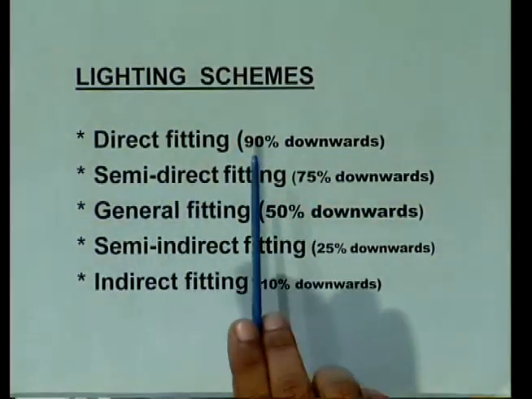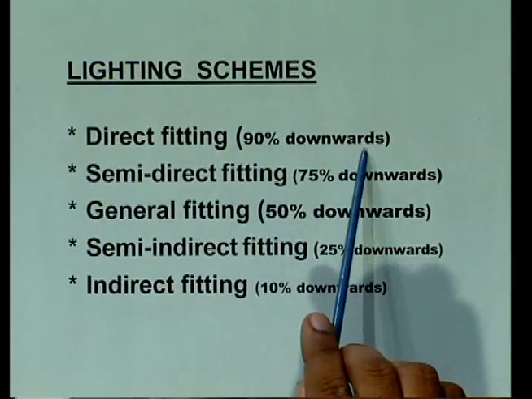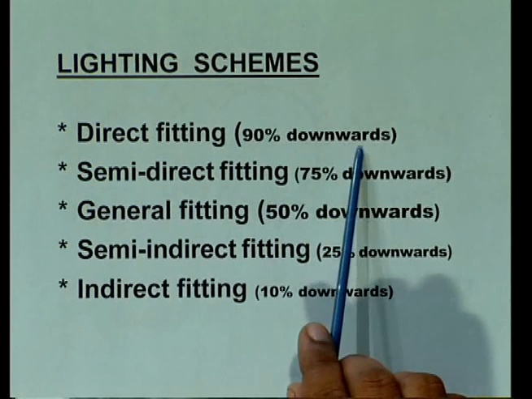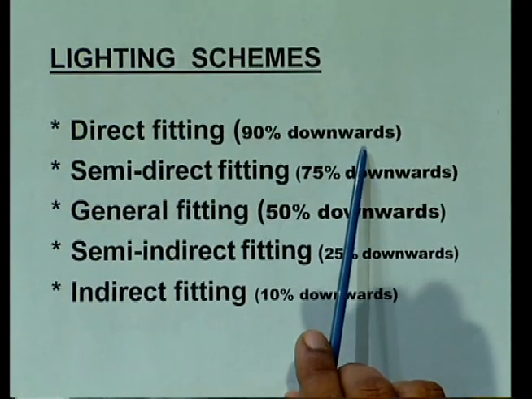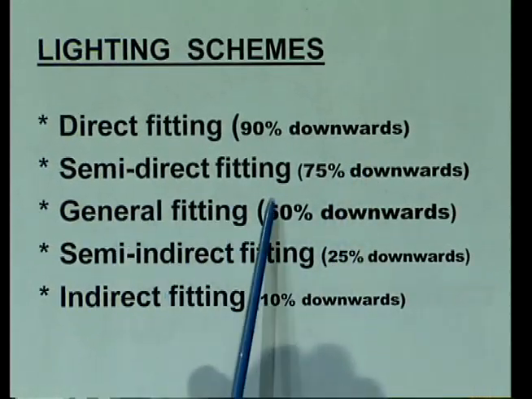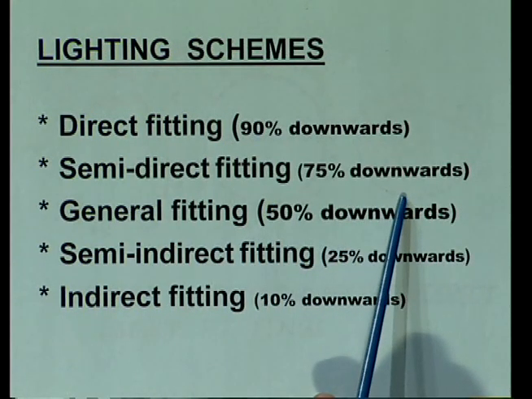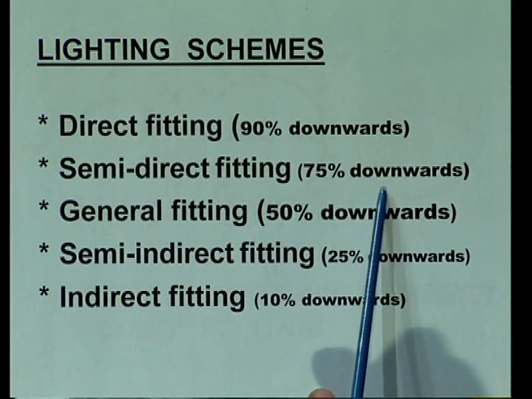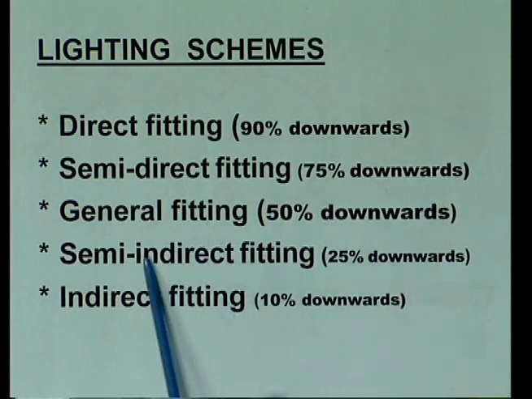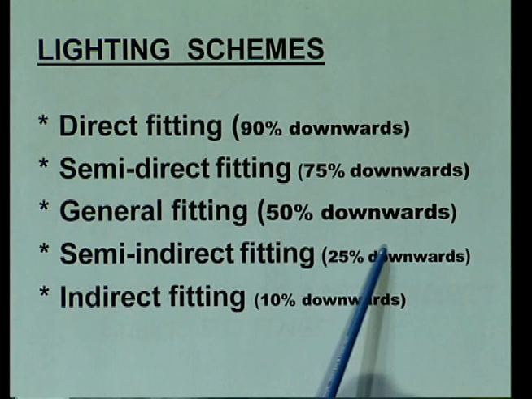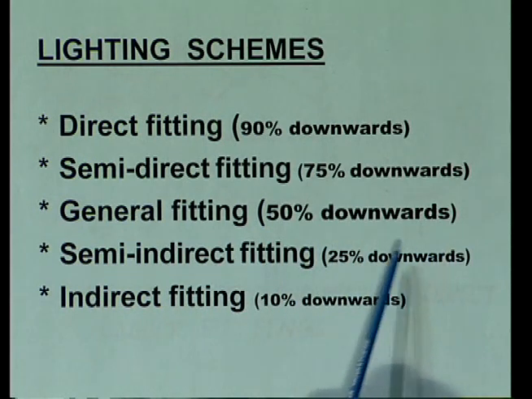These are the various types of schemes that can be used. Once again, the lighting schemes are: direct fitting, where 90% of the illumination is thrown downwards; semi direct fitting, where 75% of the illumination is used and 25% is thrown upwards; and general fitting, where 50% is useful for the working space.